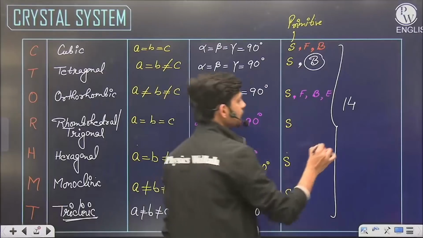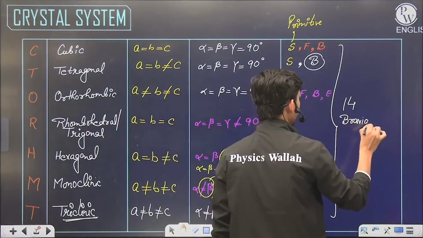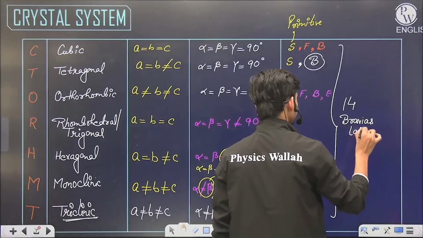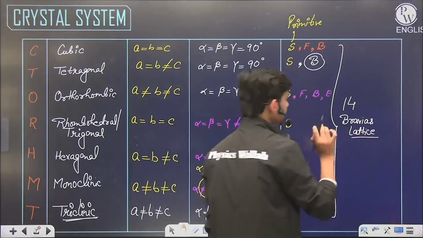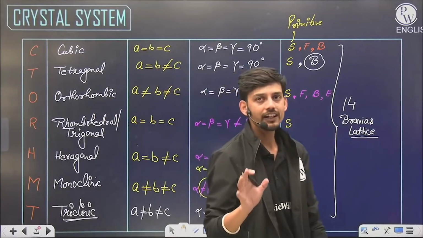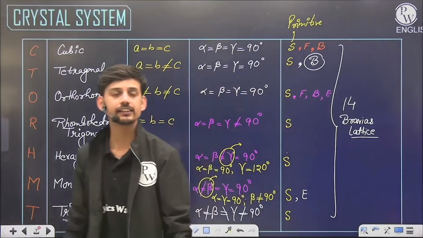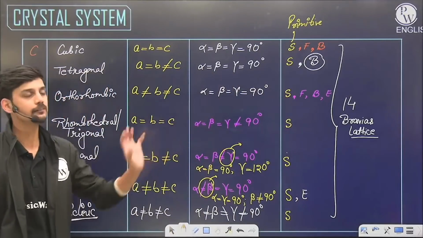These 14 types of packing are called Bravais lattices. So overall, any crystalline solid has 7 crystal systems, and in those 7 crystal systems there are 14 possible Bravais lattices.